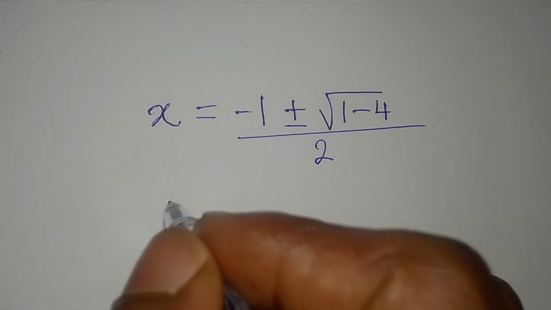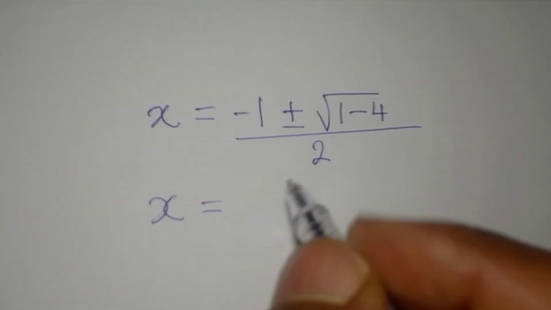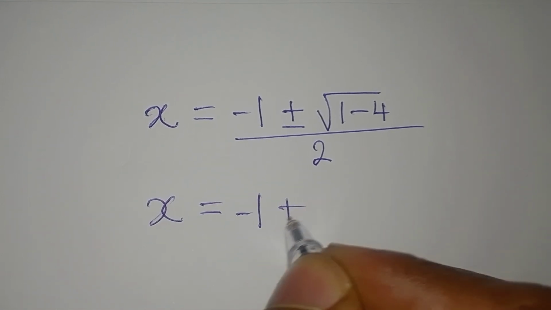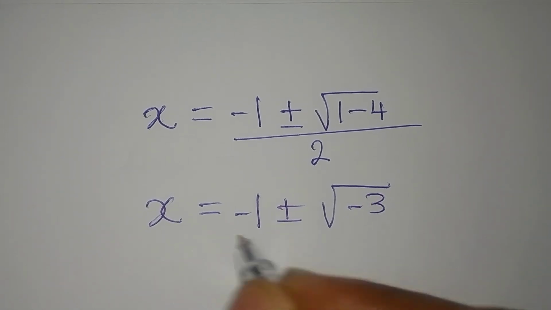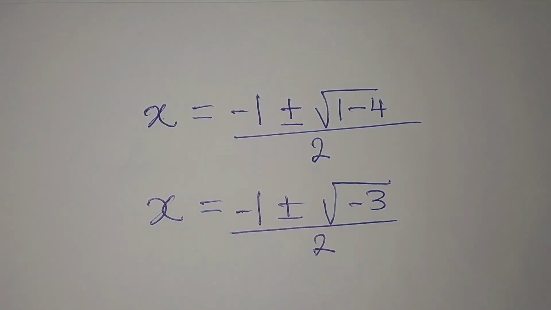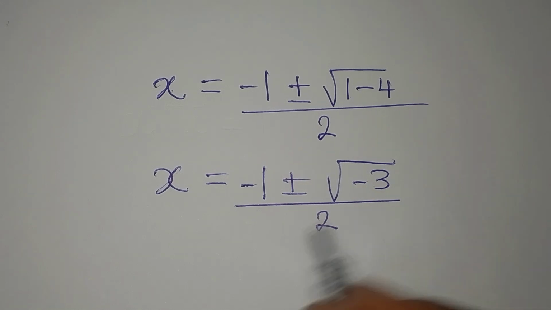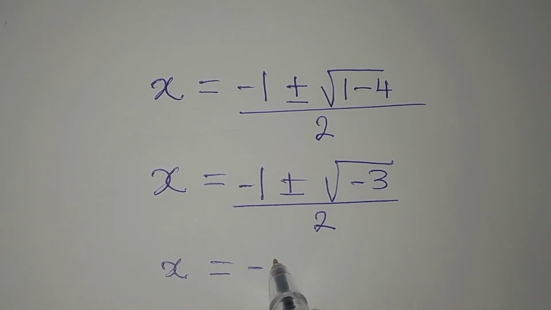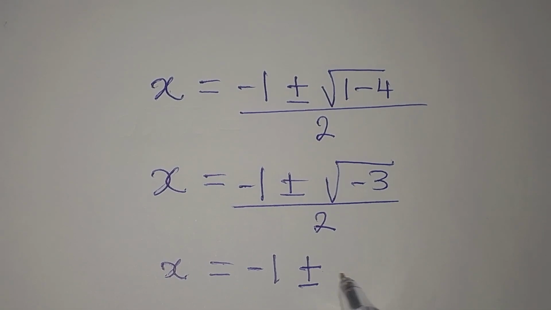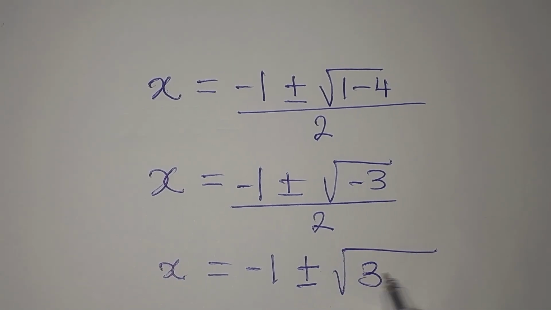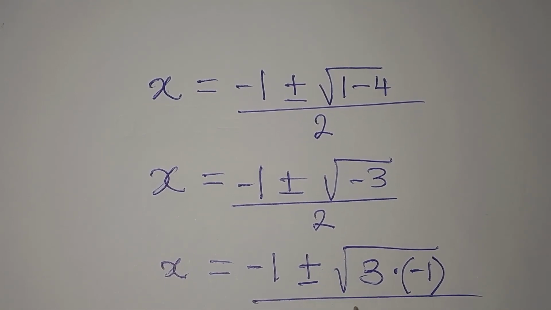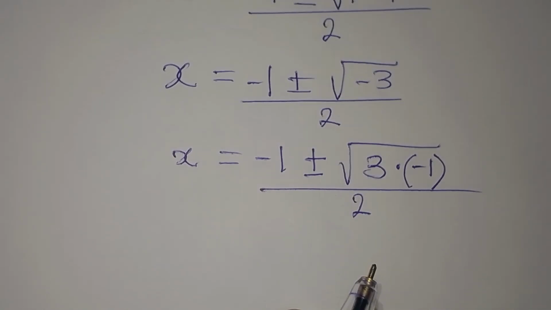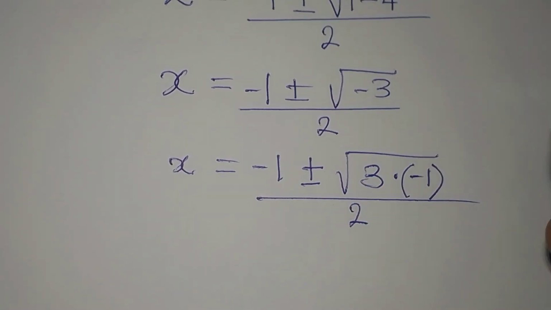Okay, so now x is equal to minus 1 plus or minus the square root of 1 minus 4, which is minus 3, and this is over 2. Now, do you know that this is the same thing as plus or minus square root of 3 times minus 1? Okay, let me put this bracket. Everything over 2, right? So these and these are the same.